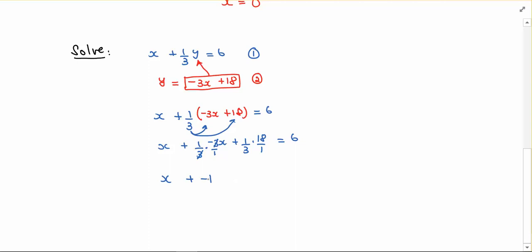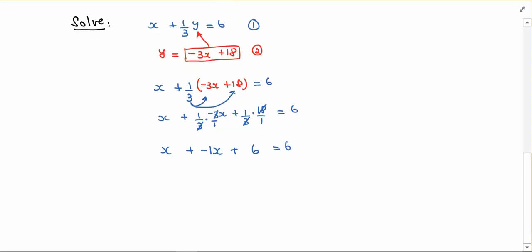Those two reduce. Negative times a positive is negative x plus, over here, these reduce. It's going to be 6. And again, this is one of those places where you really have to be disciplined about what you're doing. If you combine like terms here, you notice that the x's cancel and drop away, and you end up getting 6 equals 6.